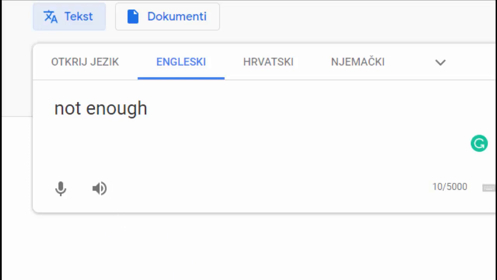"Not enough." It is Google Translate, when you have the extension, you have American English. And listen. "Not enough." It is the pronunciation of a synthesizer in American English.